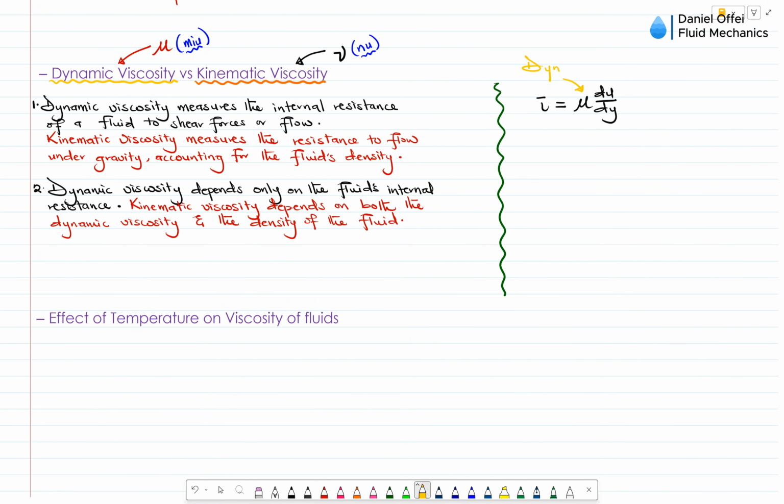So we've already seen the formula for the dynamic viscosity. Now the formula of kinematic viscosity is the dynamic viscosity divided by the density.